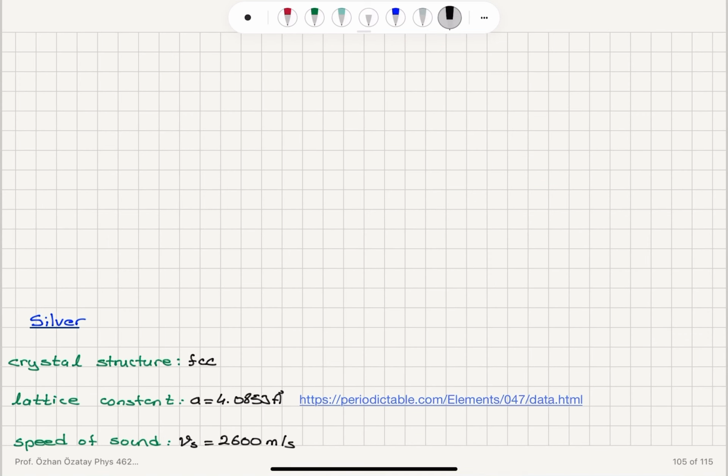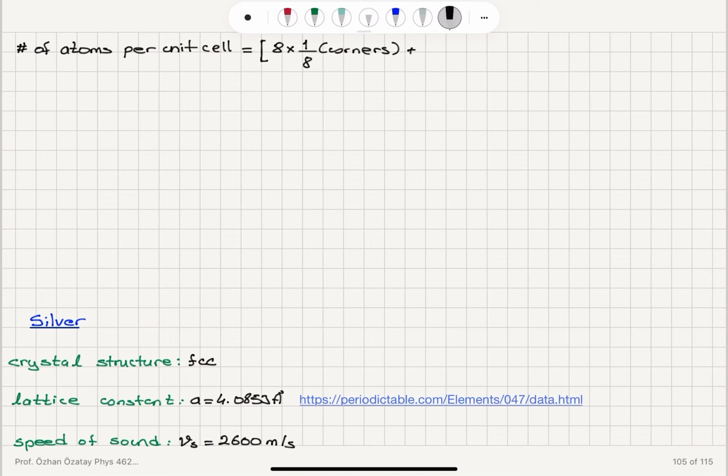So with this information, we can calculate the number of atoms per unit cell. Now we have a 2-atom basis. So from the FCC structure, we have 8 atoms at the corners, 1/8 of each inside the unit cell. So these are the contributions from the corners.